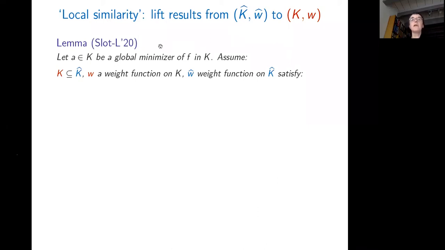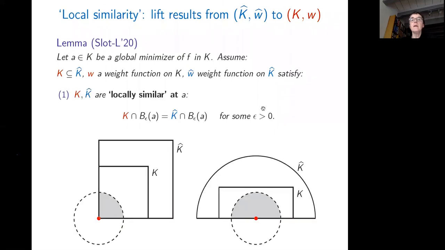So f is our polynomial, a is the global minimizer, and we have this setting that the set we want to understand, the red set K, is contained in K hat, and we have a weight function on K. W hat is a weight function on K hat. And we suppose that we're in the following setting. The first assumption is that the two sets look similar at the minimizer a. So we better look at the picture. We have K contained in K hat, and in red is the point a.